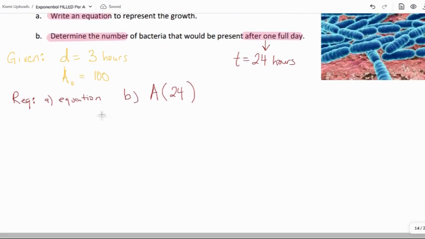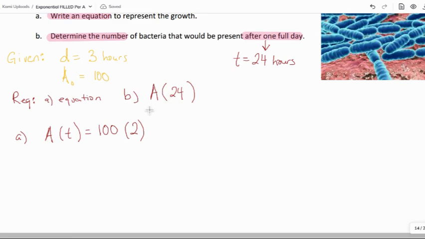Okay, so let's start by just writing the equation. The equation looks like this, the general equation where we don't know how much time has elapsed. But I do know that initially this colony starts with 100 bacteria. We're modeling it using doubling time. So the base of my exponential function is 2.